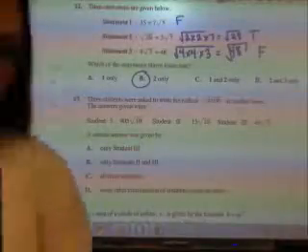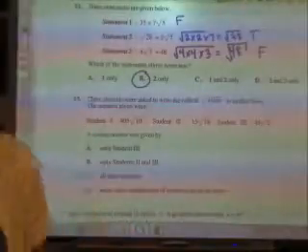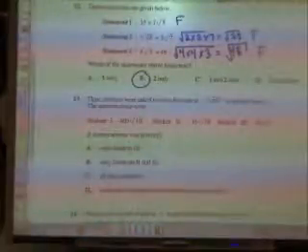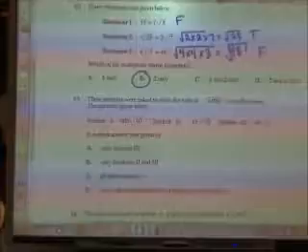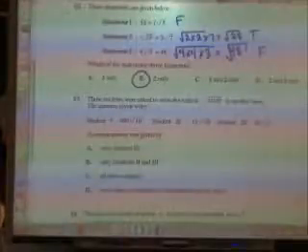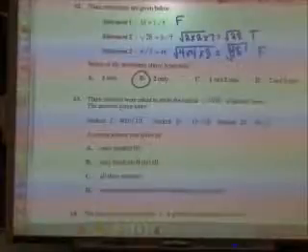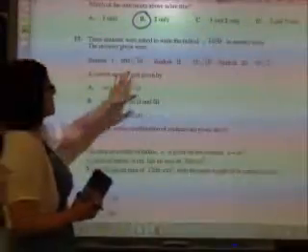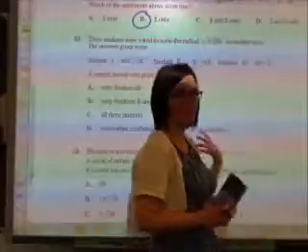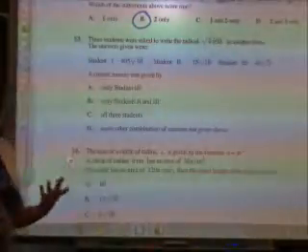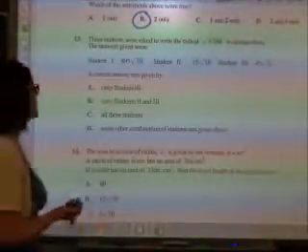Question number 13. 3 students are asked to write the radical 4,050 in another form. The answers given were the following. The correct answer was given by which student? So I could check each of these. Check their mixed radical to see if I put it back underneath the radical sign, does it equal 4,050?